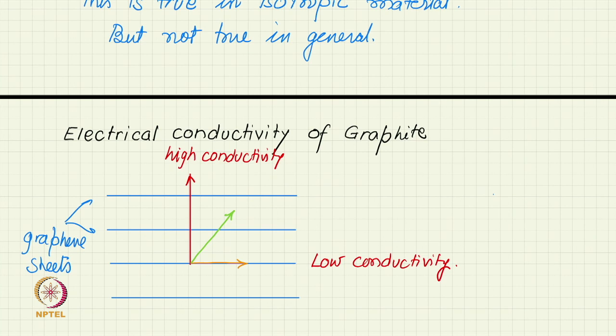So, this electric field, let us say this is E, at 45 degrees. Now, what will be the resulting J in this case? So, let us decompose this E into two components.